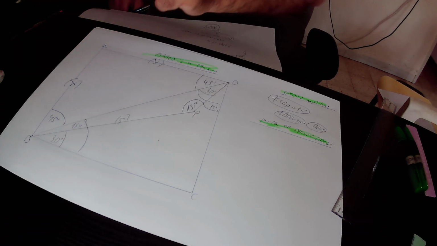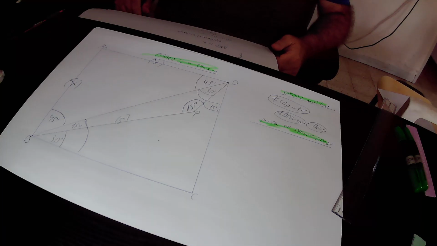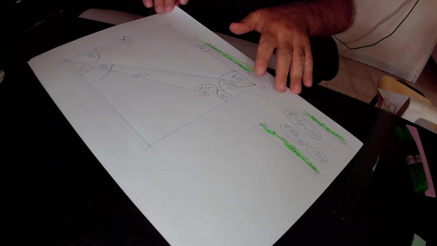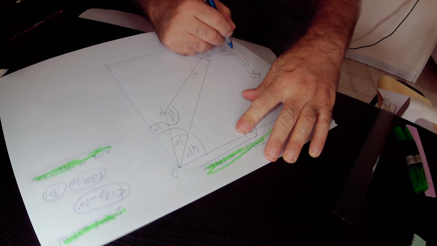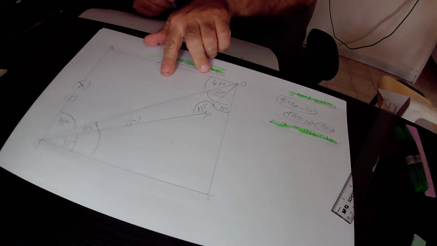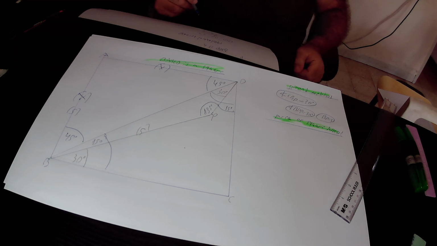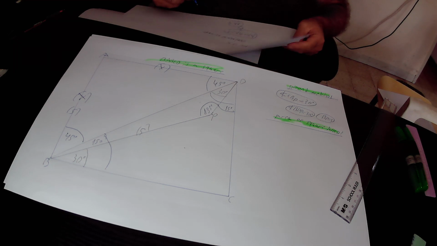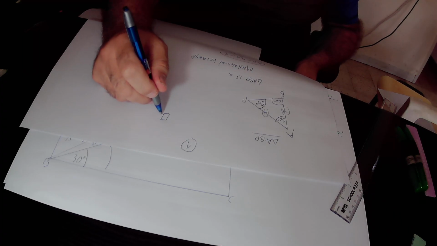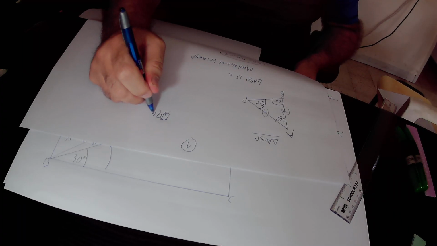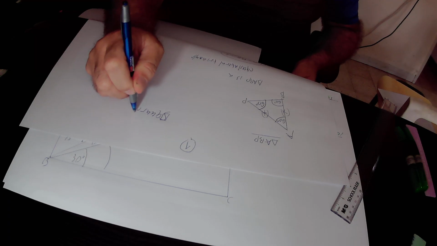This is side AB, which is equal to 5 units in its length. Our task is to find out the area of the square ABCD. The area of any square equals the length of one side squared.